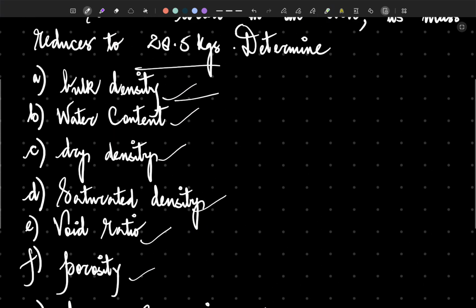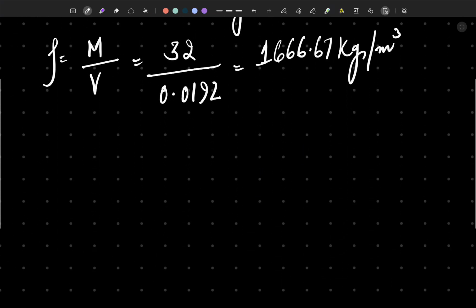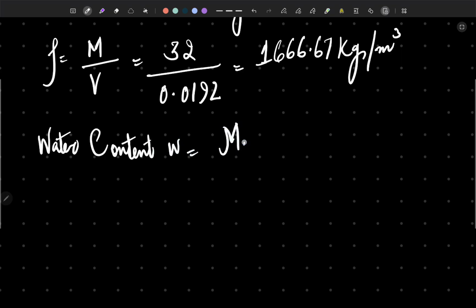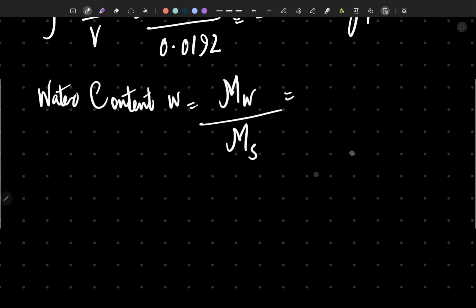Then we have to calculate the water content. Water content is equal to mass of water divided by mass of soil solids. Mass of water, as we calculated in the very beginning, is 3.5 kgs.